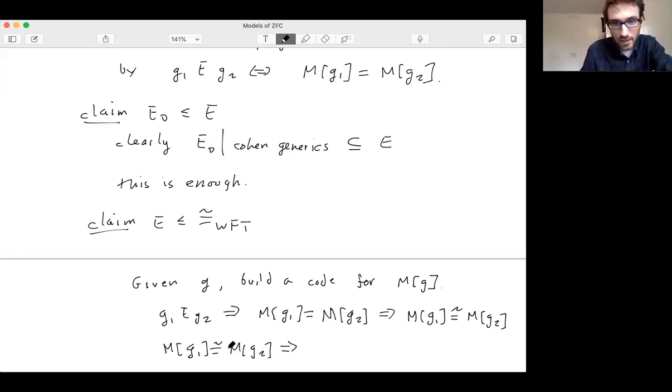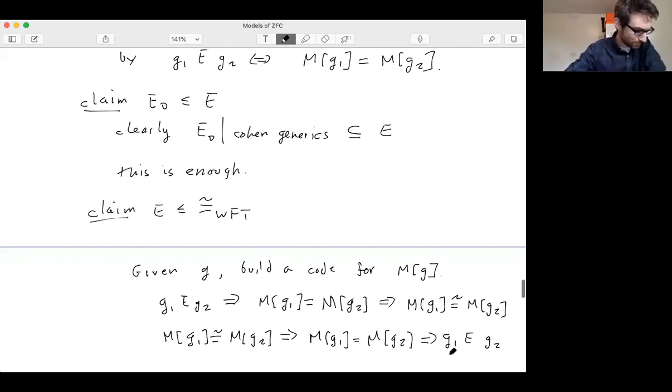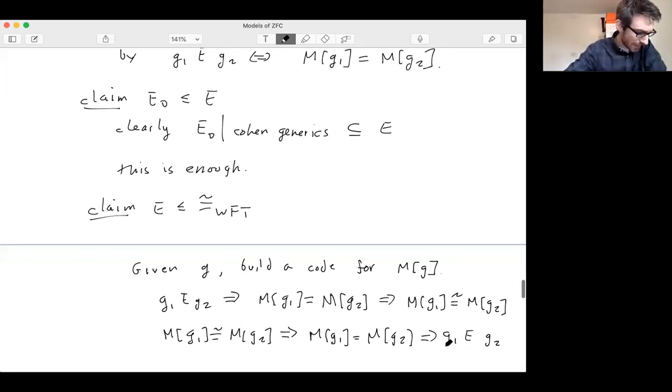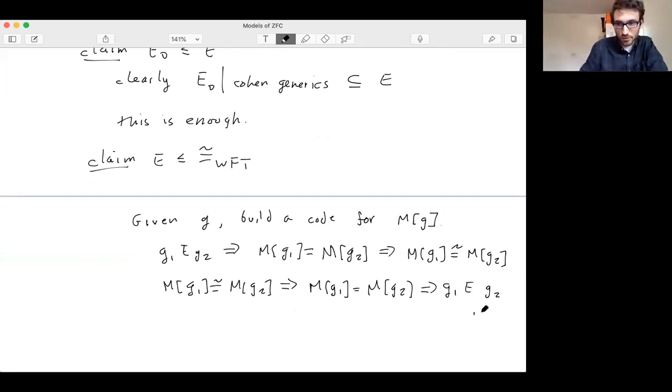These are codes, but the original M was a transitive model, so isomorphism implies equality. So that's the definition, that G1 is E to G2. Okay. So that is the conclusion of that.